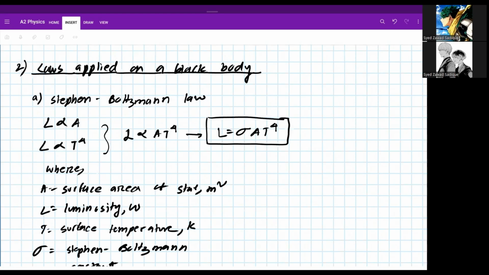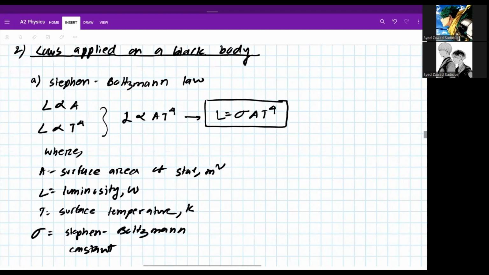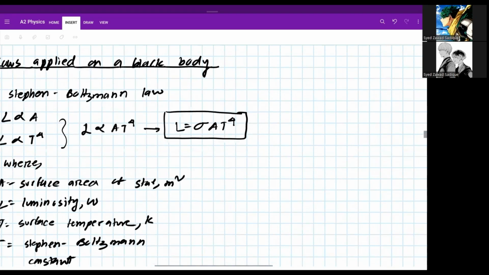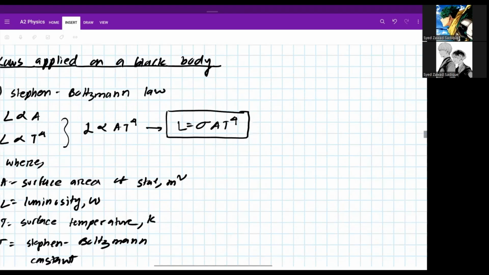If we combine them, you can say that luminosity is proportional to area multiplied by thermodynamic temperature, which in turn gives us the formula: luminosity is equal to Stefan Boltzmann constant multiplied by surface area multiplied by thermodynamic temperature to the power of 4.